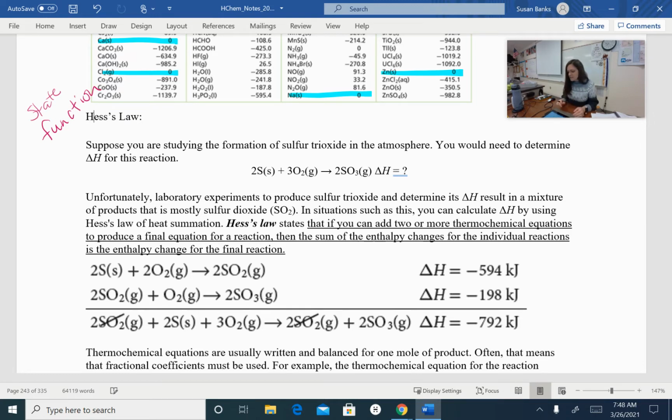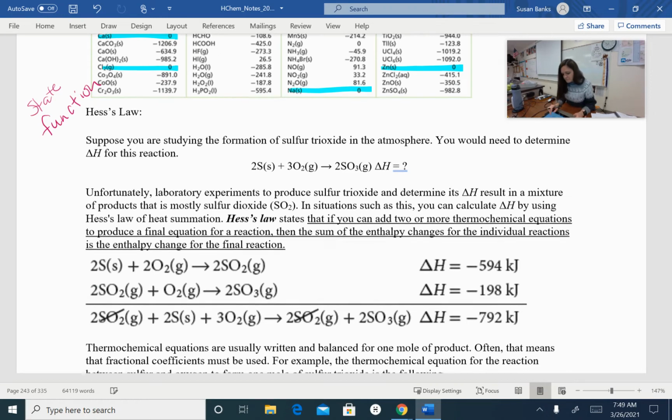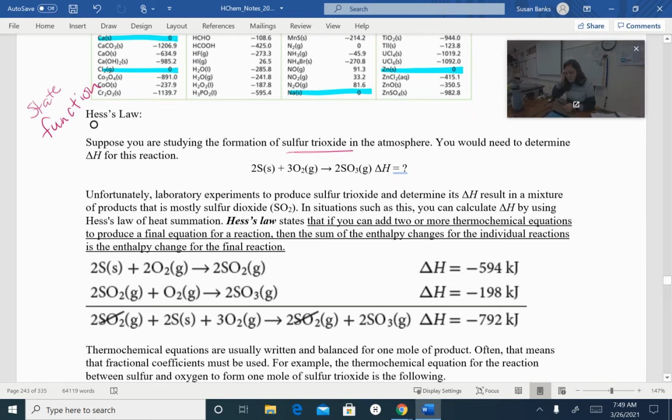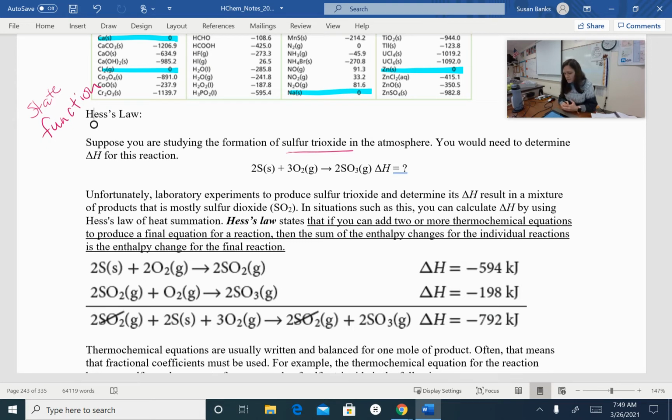So let's give you an example of how this works. Suppose I want to be studying the formation of sulfur trioxide in the atmosphere. I would want to do that because sulfur trioxide is a primary generator of acid rain because it binds with water in the atmosphere and creates acid rain. And I want to know why sulfur trioxide actually forms in the atmosphere.